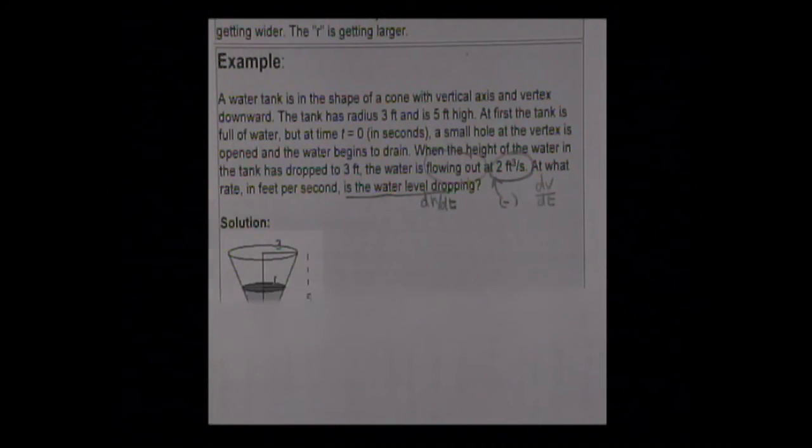So, draw myself a picture. I'm pretty proud of myself with my little paint program on some of those. So there's my picture. Notice the full cone has radius 3 and a height of 5. And there's the generic r and the generic h. And that's what I'm going to need, a generic r and a generic h.